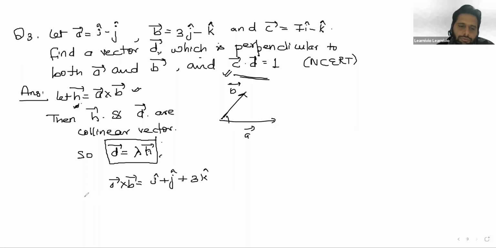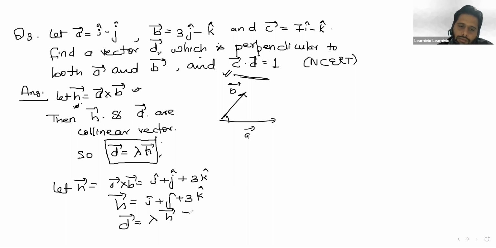Now let H be equal to this one, so H is I cap plus j cap plus 3k cap. Then you will write D as lambda times H, so lambda into I plus j plus 3k. Multiply this with lambda. So you will get lambda I, lambda j, 3 lambda k.